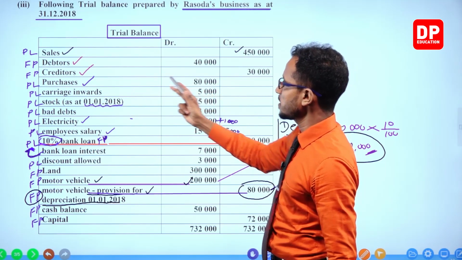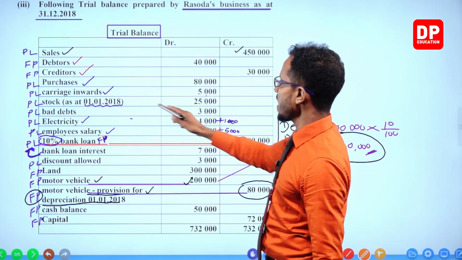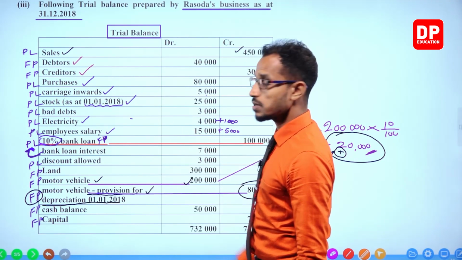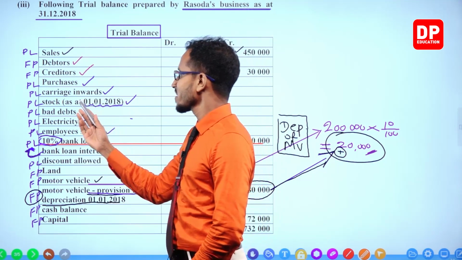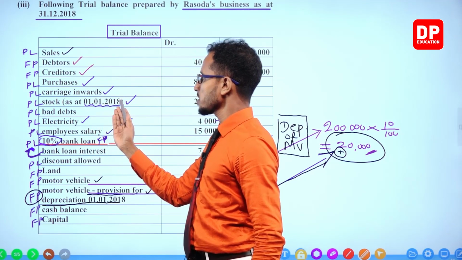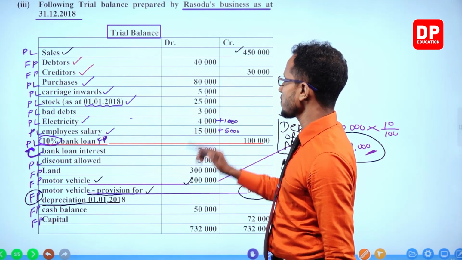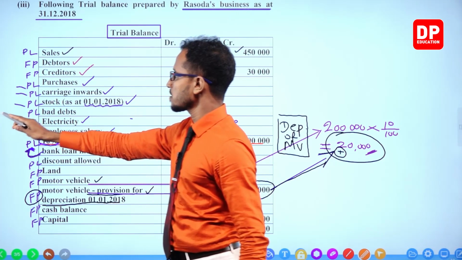Next, purchases, that should go to the P&L. Purchases 80, carriage inwards 5, and opening stock, because 1st January stock is the opening stock, 25. Take all 3 of them to the P&L.